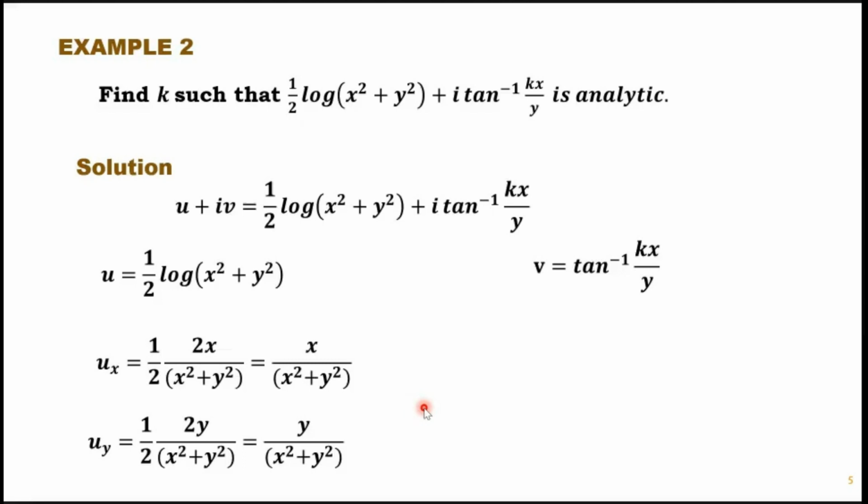What is the derivative of tan inverse? We have already used the inverse functions. The derivative of tan inverse of x is 1 upon 1 plus x square.